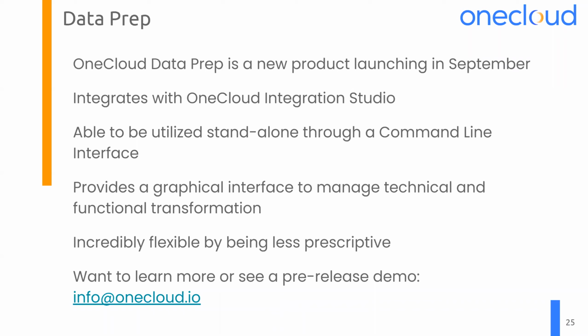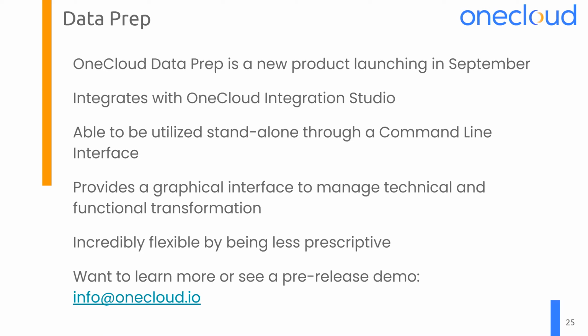So you heard me talk about Studio and the reference to Studio and why we're talking about that branding a little bit. The reason for that is a new product that we're launching. We call this OneCloud Data Prep. If you were on our previous product update webinar, we talked about Mapping Integration Studio, MIS.